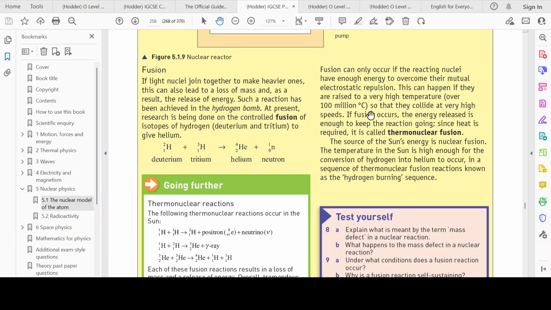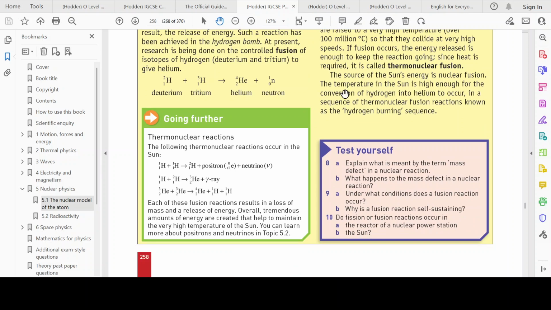So that they collide at very high speeds, they have enough kinetic energy to overcome the electrostatic repulsion. If fusion occurs, the energy released is enough to keep the reaction going. Since heat is required in this case, this is called thermonuclear fusion. Thermo meaning temperature, heat, nuclear is the nucleus, and fusion means bringing together. So fusing nuclei of atoms using heat.